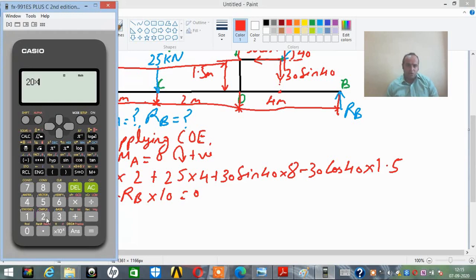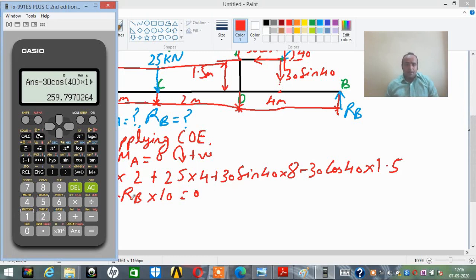20 into 2 plus 25 into 4 is equal to plus 30 sine of 40 into 8 minus 30 cos of 40 into 1.5, is equal to whatever value we are getting.